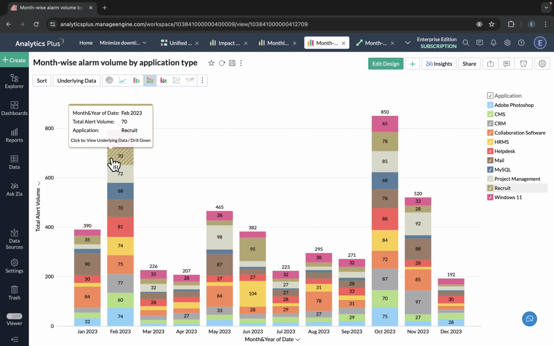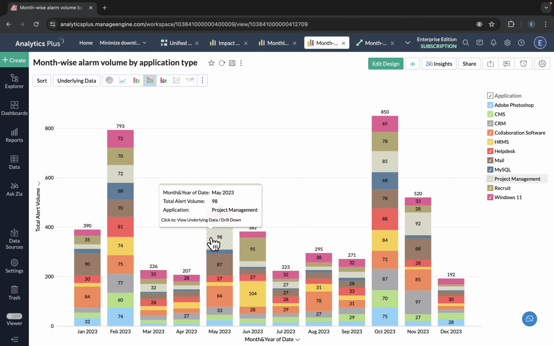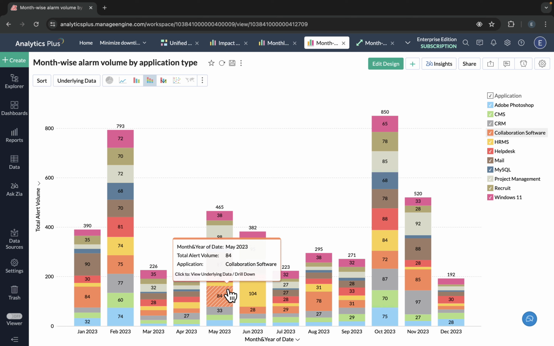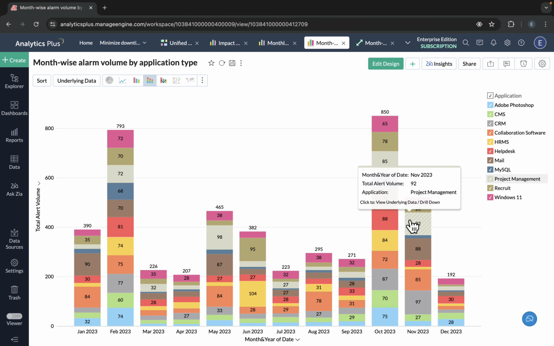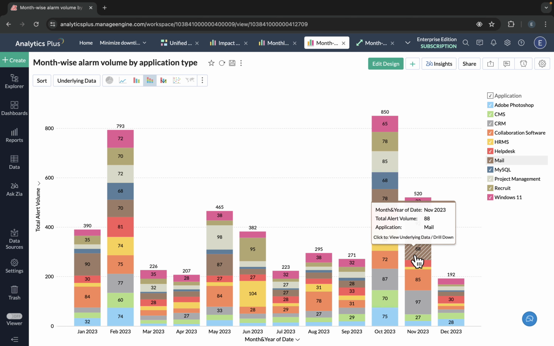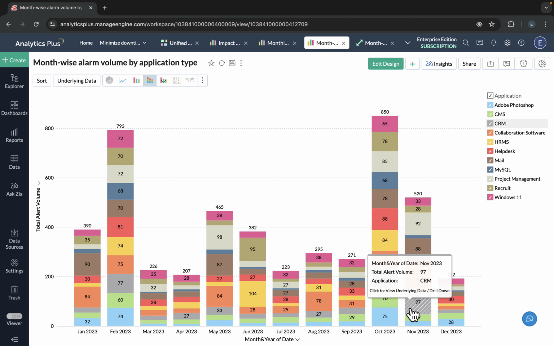While when you take the case of the month of May, there is a spike in alarm generated by mail, collaboration software, and project management tool, which is consistent with the month of November. In addition to this, in November, there is an increase in alarm volume generated by the CRM application.